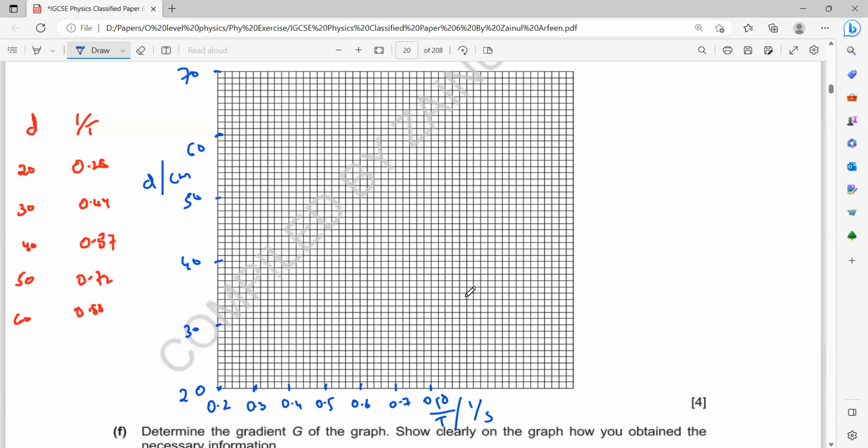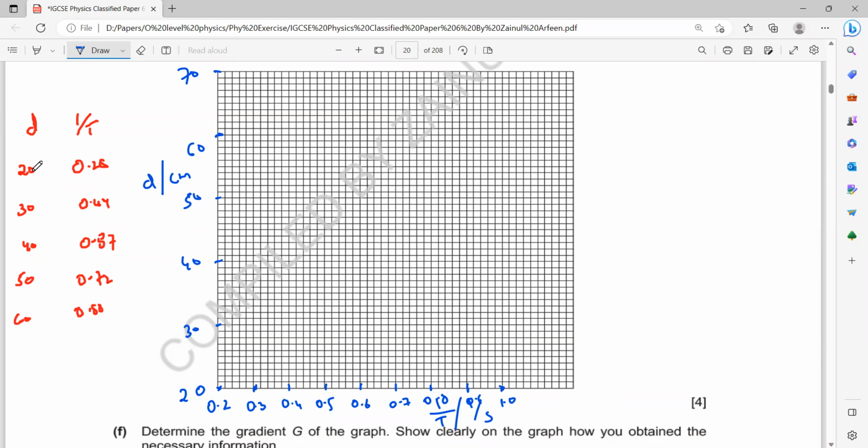I should cover about 70% of the axis. So it's about 70%. I can stretch the axis. If I stretch, like if this was 0.2, then 3, 4, 5, it won't finish there. So this will be 0.8, 0.9 and 1.0.